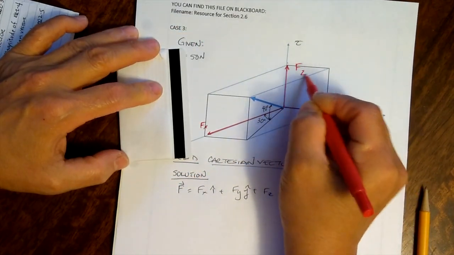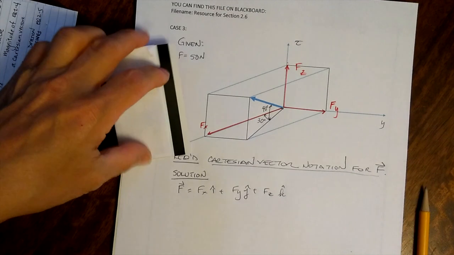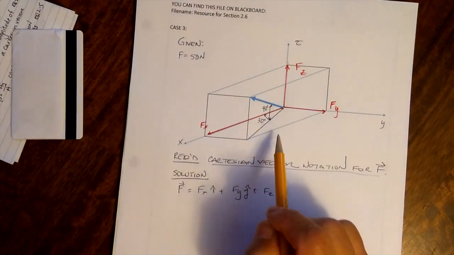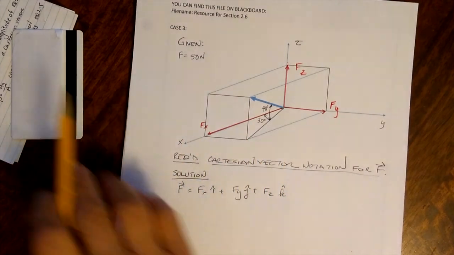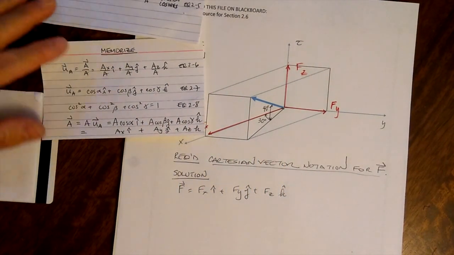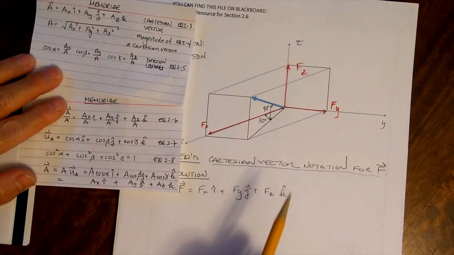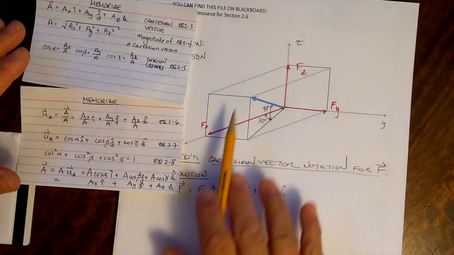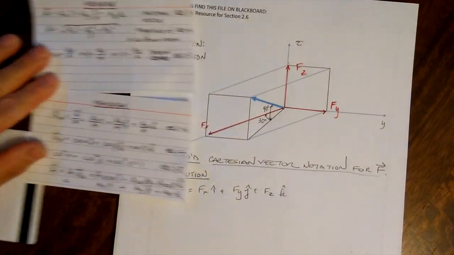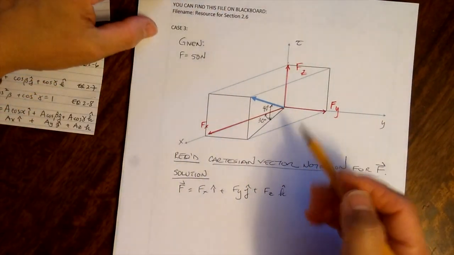That would be F of z. So we need those three. We don't have the direction cosines, so we can't use these formulas that I've been asking you folks to memorize. But what we need to do is manipulate some of this data to the point where we can use these formulas. So let's see how we go about manipulating it.